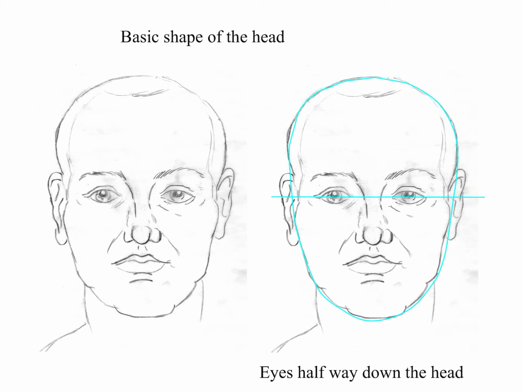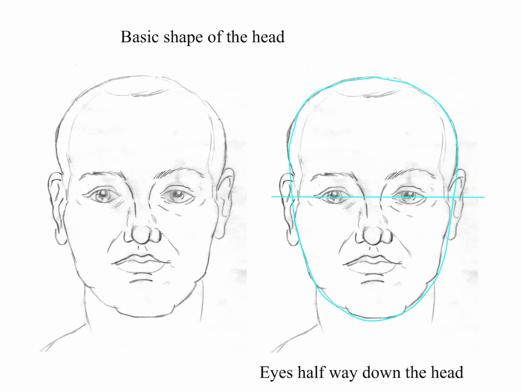Now, he goes into a lot of detail. We're just going to touch on the essence of what he's talking about here. So the first proportion that I want you to be familiar with is this head shape, and that the eyes are halfway down the head if you're looking straight on at somebody's face. This is a common misconception.